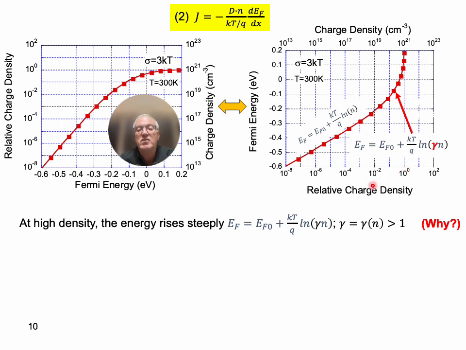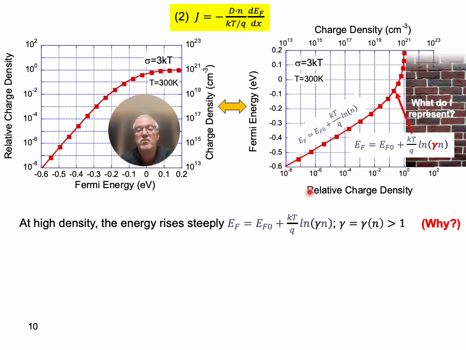And really the role of gamma, it depends on n, and it really helps us to make sure that this equation fits the actual curve of the system. And we've already asked ourselves before, why is this happening, or what does it mean? And we can discuss it when we meet.